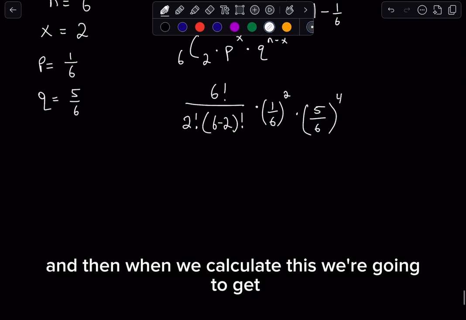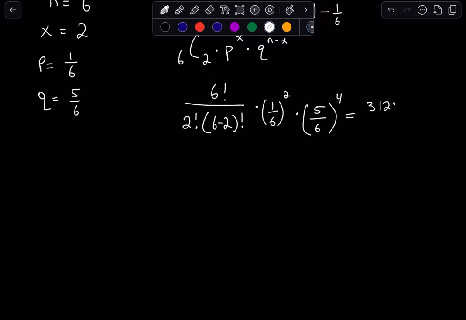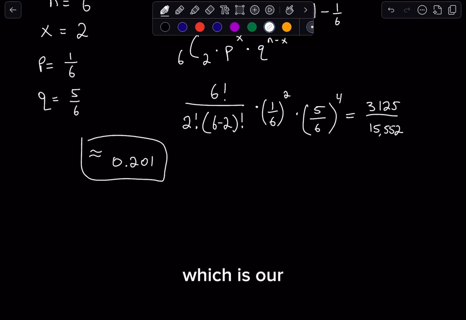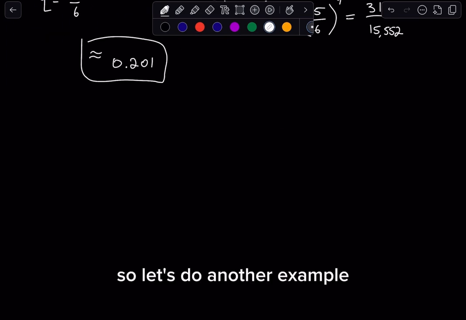And then when we calculate this, we're going to get 3,125 over 15,552. And that is approximately 0.201, which is our binomial probability for this.